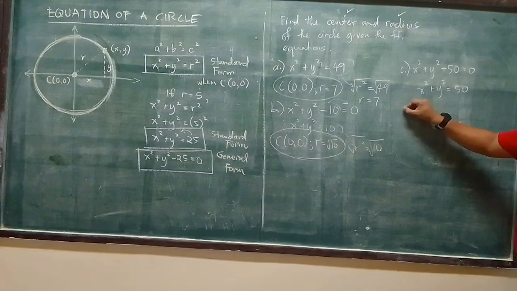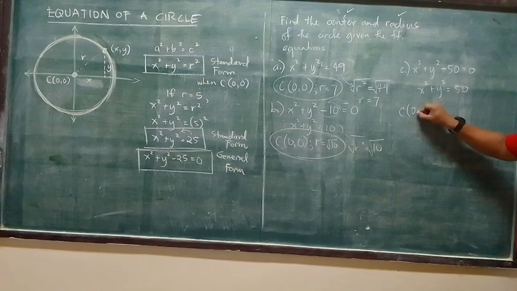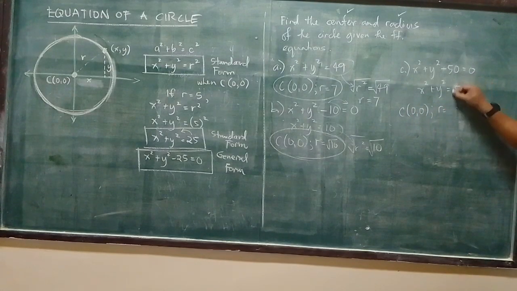Now, after this, automatically yung center natin is at 0, 0. Yung radius ang i-work out natin, kasi sa equation natin, r squared siya. So r squared is equal to 50, square root of that. Now, we cannot express this as a whole number, but we can still simplify the square root of 50. We can transform this into the square root of 25 times 2.